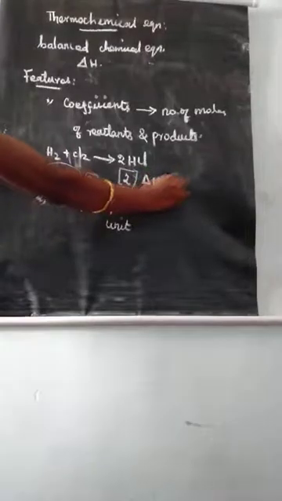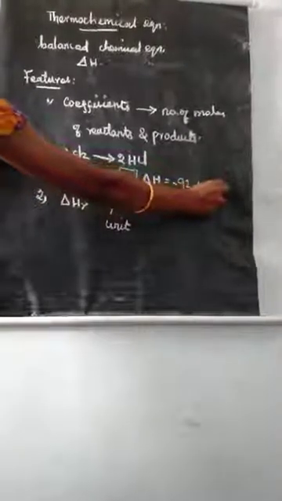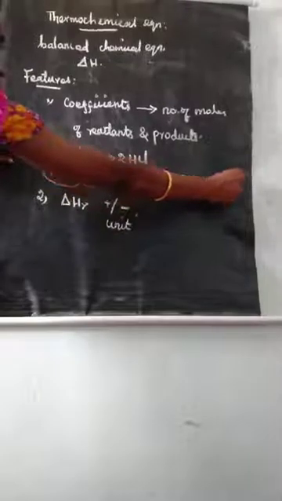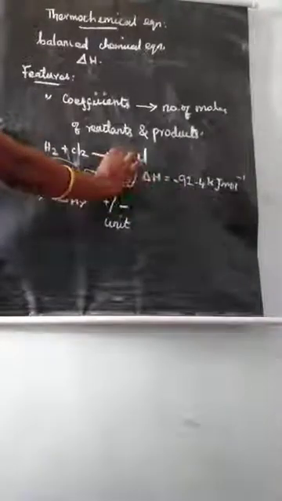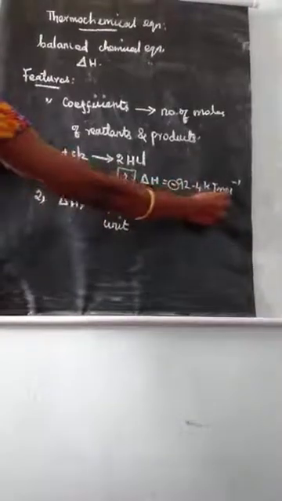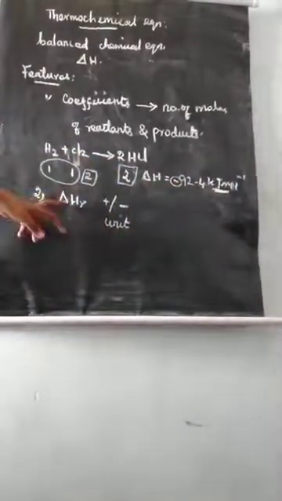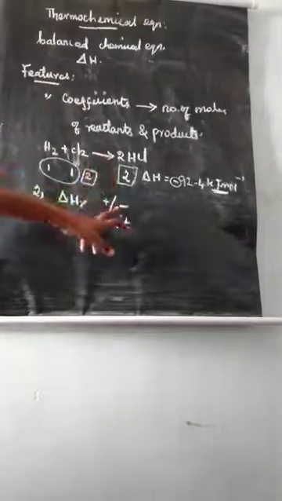Delta H is equal to minus 92.4 kilojoule per mole. So if you are writing the enthalpy change of this reaction, you must mention the sign and unit. That is the second point.